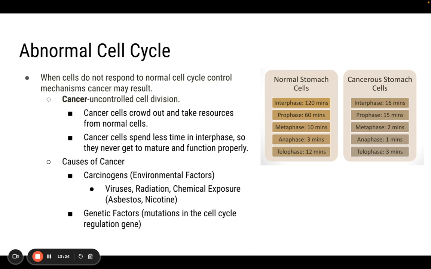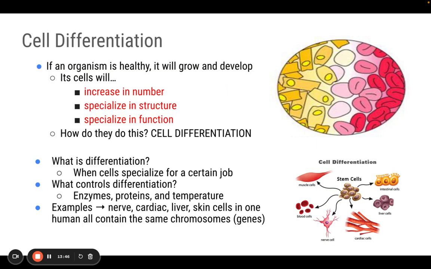There are some viruses that increase cancer rates. There's radiation exposure, chemical exposures. Examples of chemicals that have been known to cause cancer are asbestos and nicotine. There are also genetic factors or mutations that occur in the gene sequences that regulate the cell cycle that can lead to higher incidence or rates of cancer too.